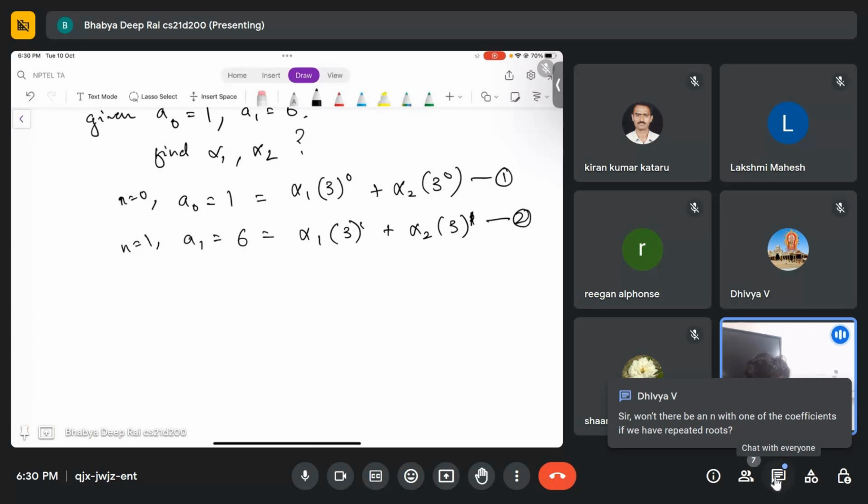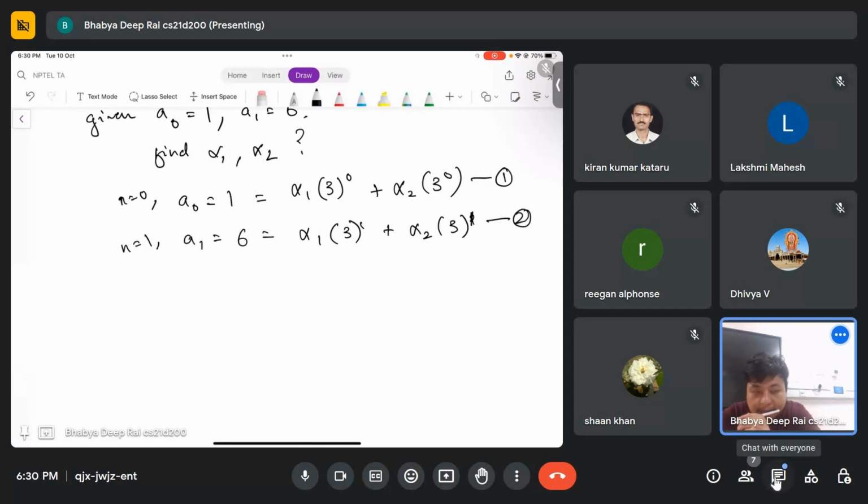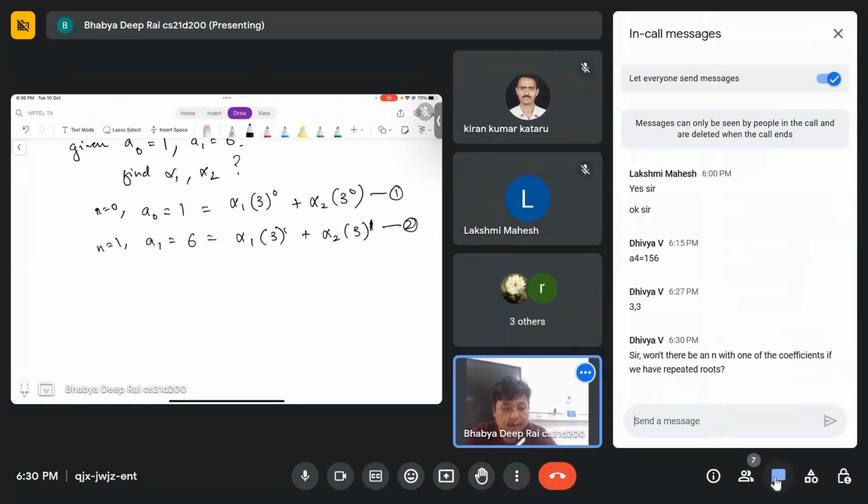Won't there be an n with one of the coefficients if we have repeated roots? Why is it there? You mean in one of the coefficients we need to put an n or something like that?